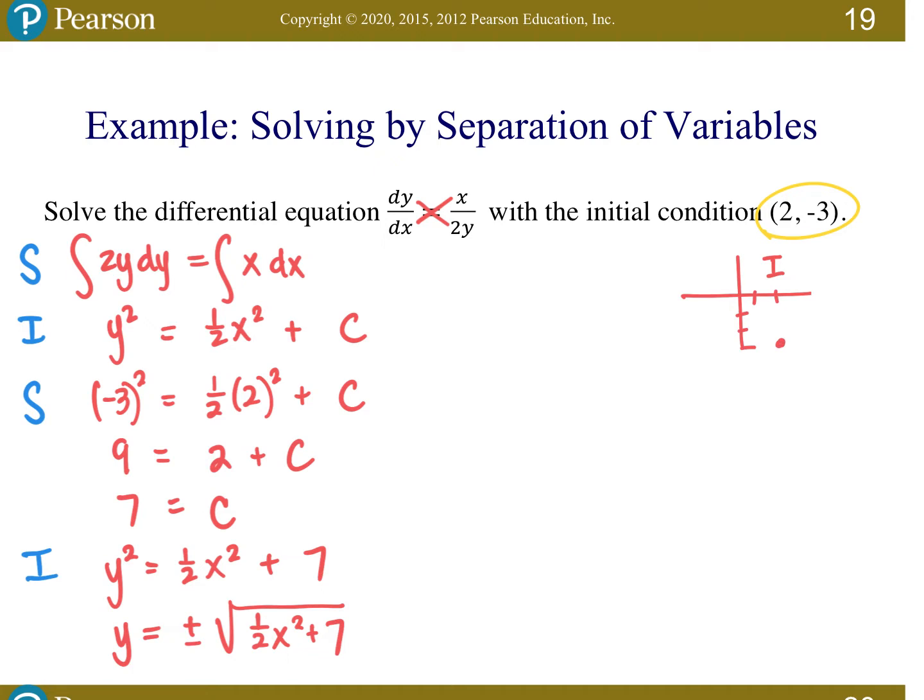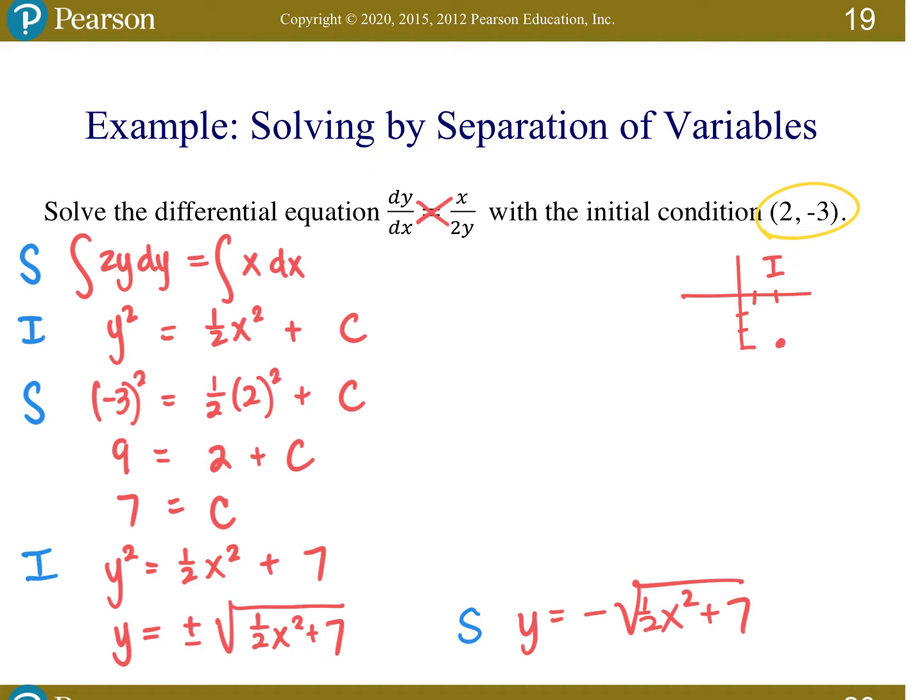That's in quadrant 4. That's considered a negative quadrant because it's below the x-axis, which means my selection has to be the negative square root. So my last S is to select the answer, and it is the negative square root of 1/2 x squared plus 7. So you always make your selection based on the position of that initial condition.